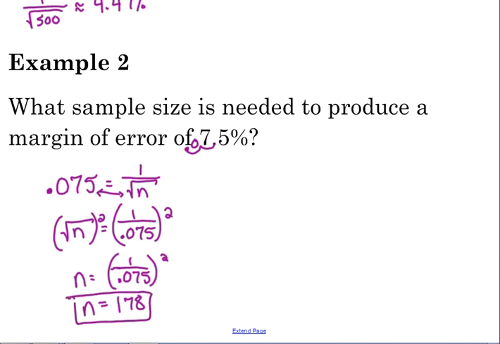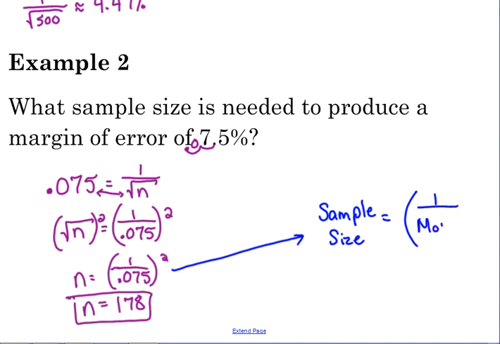Now, so that you don't have to reproduce that every single time, let's come up with our formula right here. Sample size is equal to 1 over the margin of error squared.